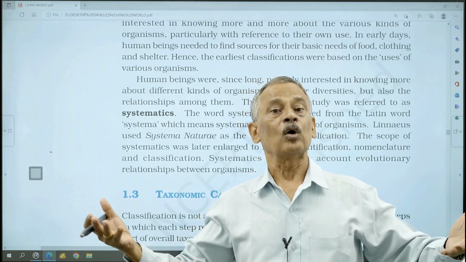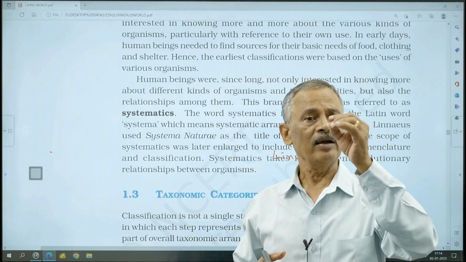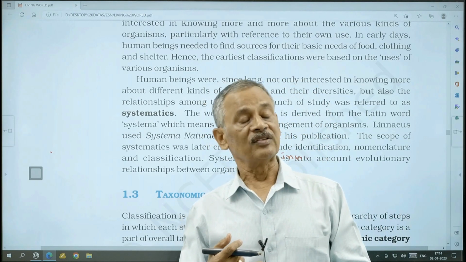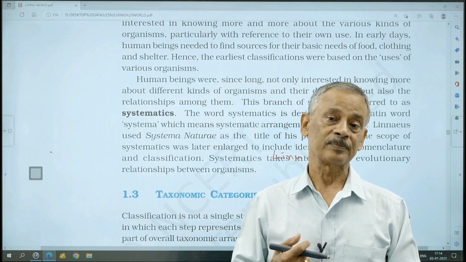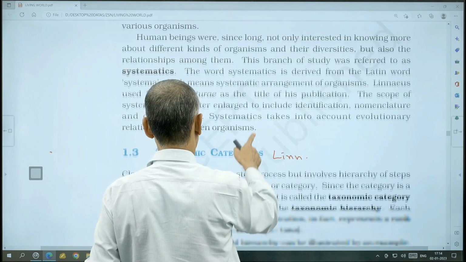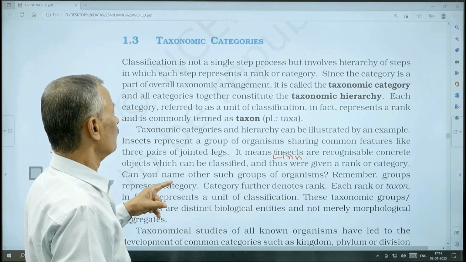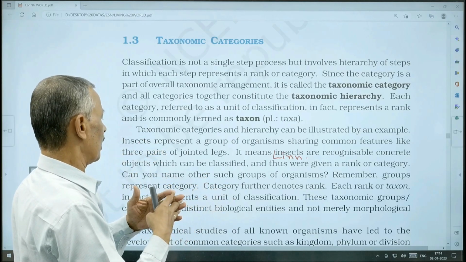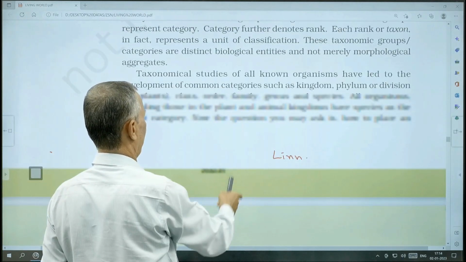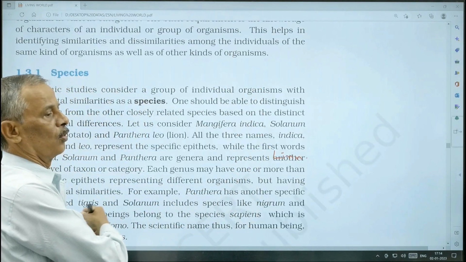So Mangifera is a genus. Panthera is a genus. We are having a number of genera. These genera, which are all related to each other, are again grouped into a still higher rank called family.